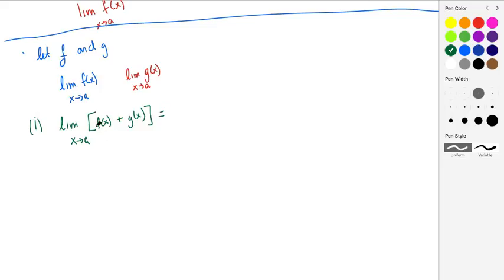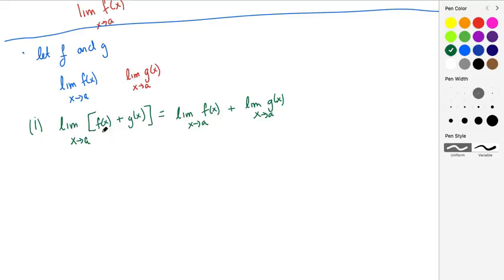The result of adding these functions and taking the limit is just going to be the limit of f of x as x approaches a individually, and then adding the limit of g of x as x approaches a.